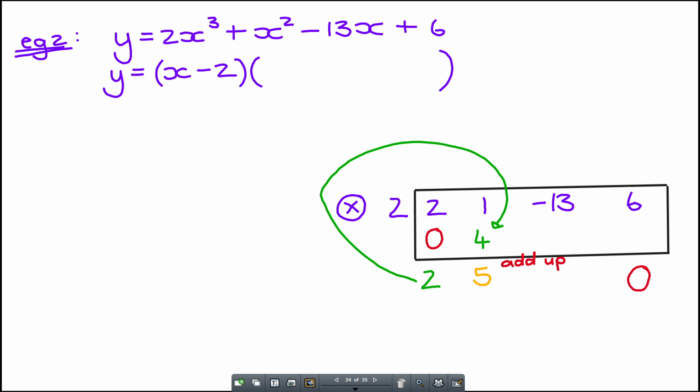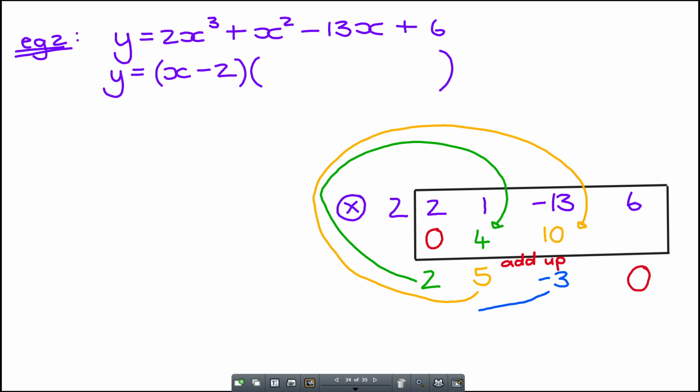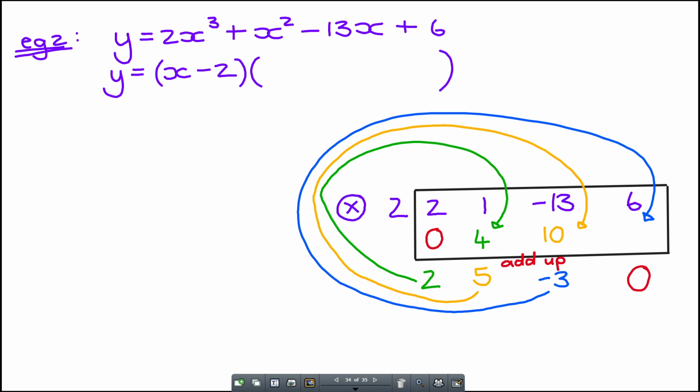Okay, rondom tali. 5 times 2 will give me 10. En dan minus 13 plus 10 geef my minus 3. Okay, rondom tali. Minus 3 times 2 will give me minus 6. And if I add up 6 plus minus 6, it does give me 0. Perfect. Ek weet alles is reg.